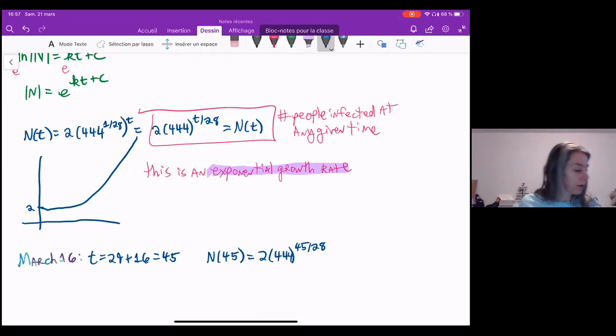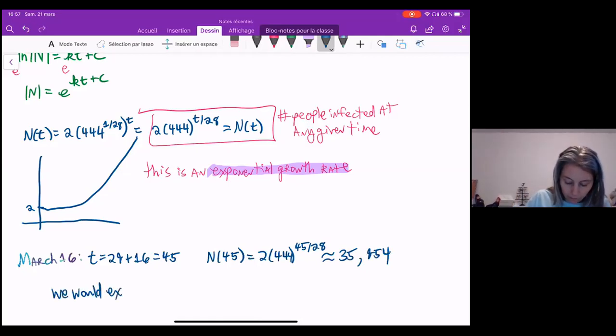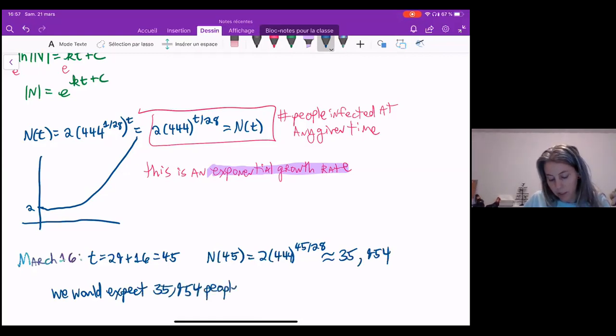So we'll plug it into a calculator, and when we do, we get 35,954. So we would expect 35,954 people to be infected on March 16th.